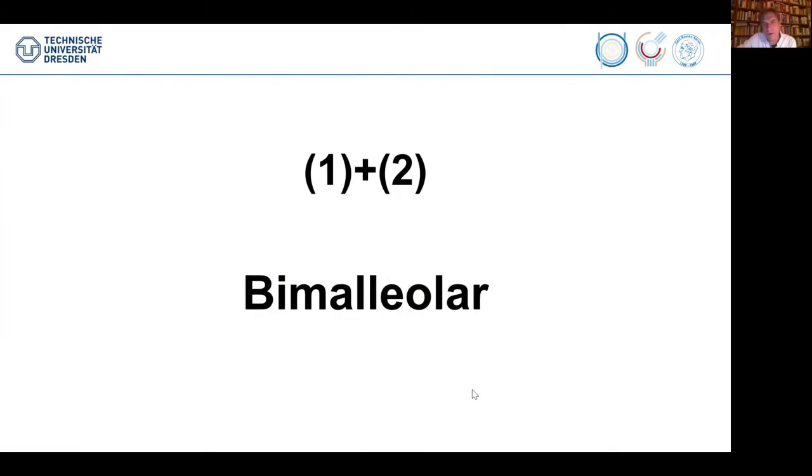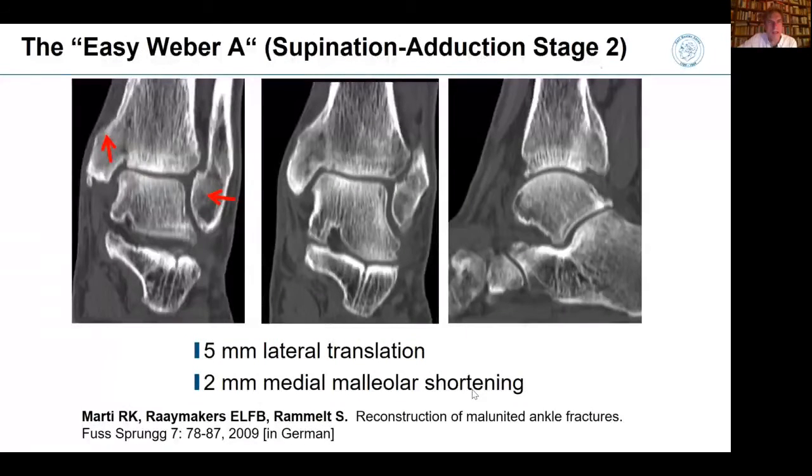Now, of course, both the medial and the lateral malleolus can be malunited, like in this patient who had an easy Weber A fracture, but it was a stage 2. So again, the medial malleolus went up and went out. And in this case, also the lateral malleolus healed in a malunited medial shift.